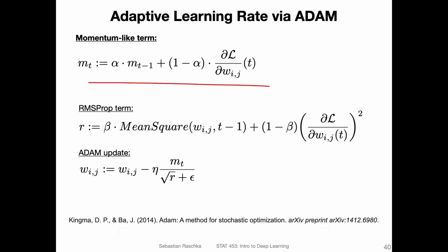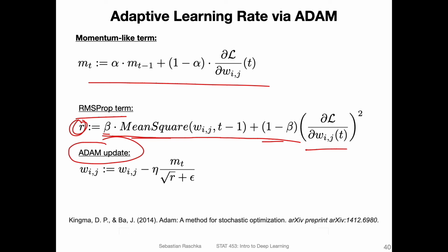Okay, so here I was just rewriting the momentum term from the previous slide, exactly the same thing, just carrying it over. And now we have this RMSprop term that I showed you a few slides ago. So here we had the beta term for multiplying it with a mean square. I'm just abbreviating that here as R. And then we have 1 minus beta times the squared gradients. So this is essentially the same as I showed you before. Now I'm just using R, so it's shorter. And then for Adam, we combine both. We have momentum, so we have the learning rate times the momentum term.